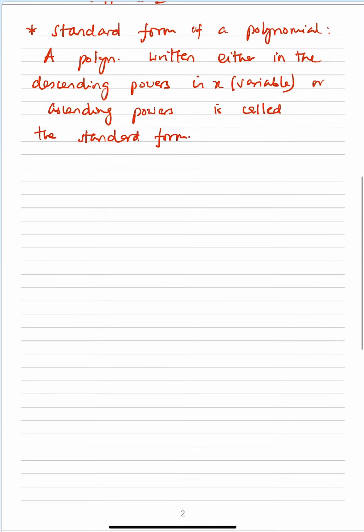Now let us say first one. I can give you an example. x cube minus 3x square plus 2x plus 1. Here the exponents are 3, 2, 1 and 0. Why?